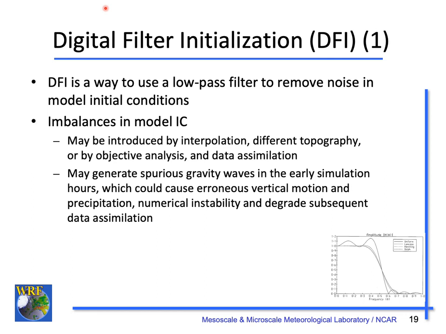Why is the imbalance in the model initial state bad? The imbalance can generate spurious gravity waves in the early simulation hours, which could cause erroneous vertical motion and precipitation, and even numerical instability.